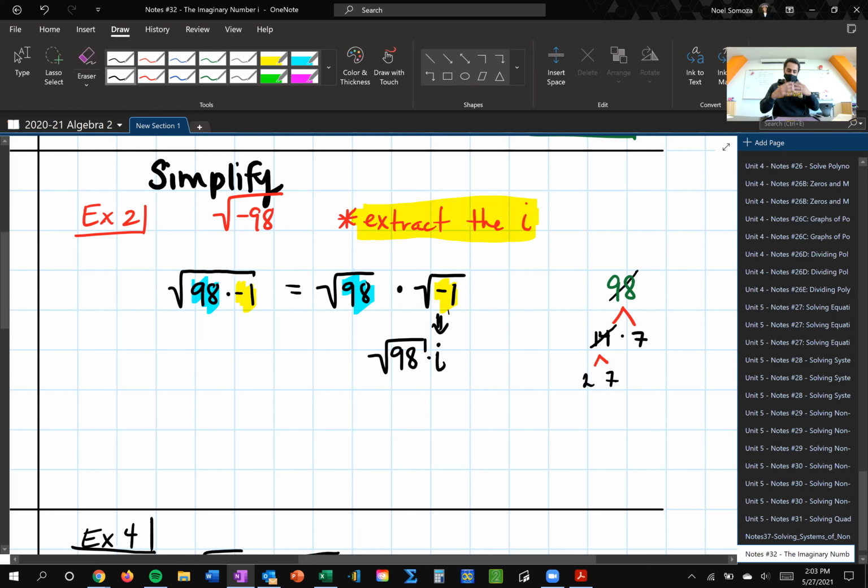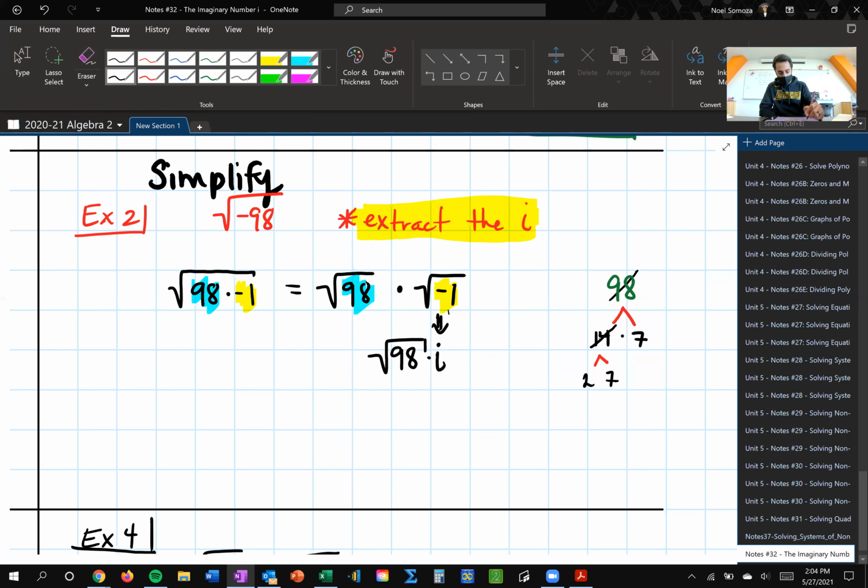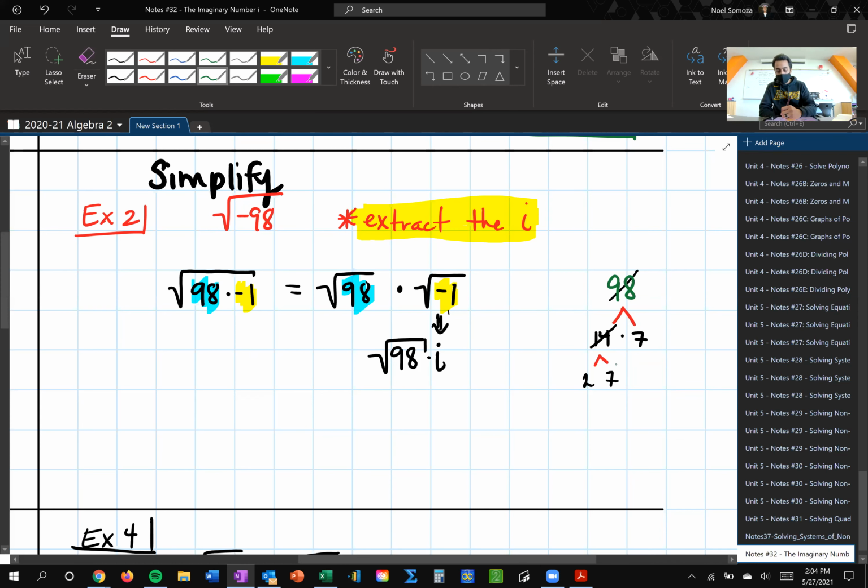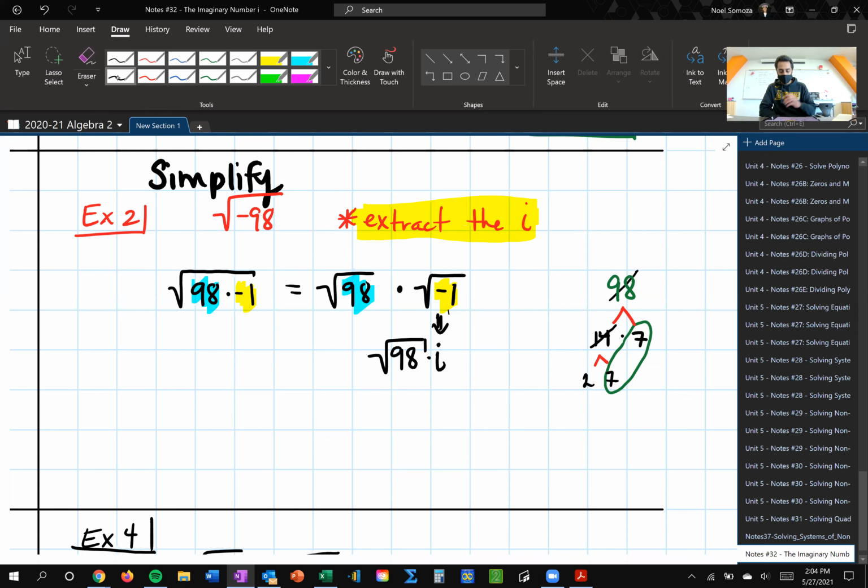So since I factored it down all the way, remember what the goal was? I was looking for a pair of numbers. So I see a pair, even though they're on different branches, the pair of sevens. Okay, there's a pair of sevens. So how do we treat that? If there is a pair of numbers, that number gets pulled out of the square root.